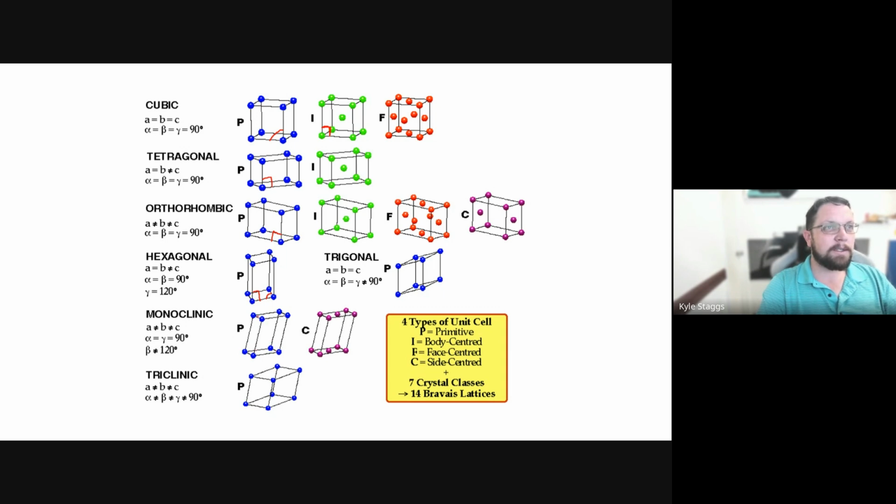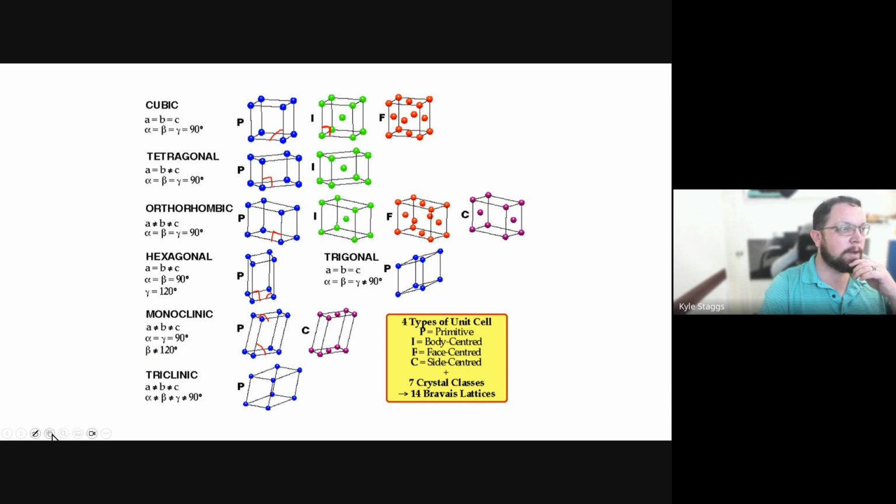In this case, it's these angles that are 90 degrees, and it's these angles that are different. So beta is not 120 degrees. So the angle matters, and how far that goes matters. So we'll talk a little bit about this.